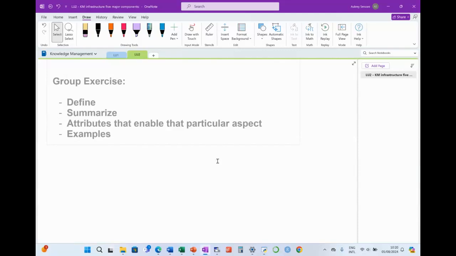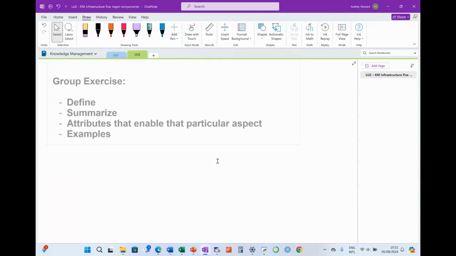And then I also want you to speak about the attributes, things that enable that particular aspect within an organization. And then if you have examples, you can also just throw those in. And that is going to be our lecture for the day.